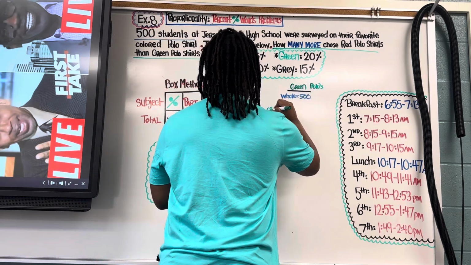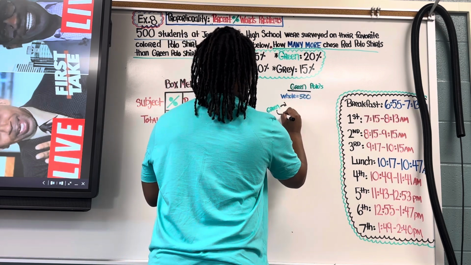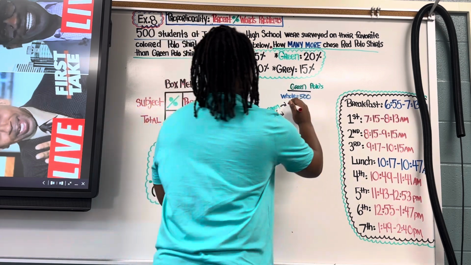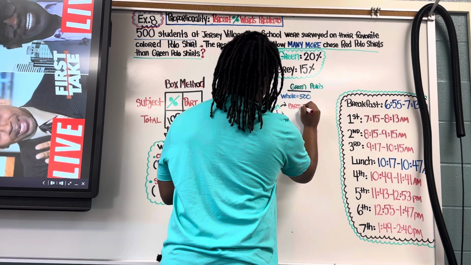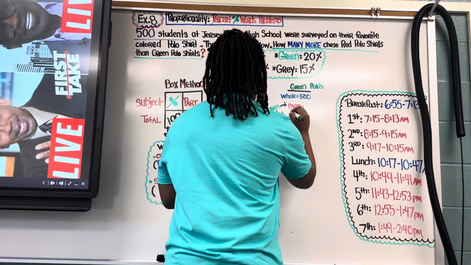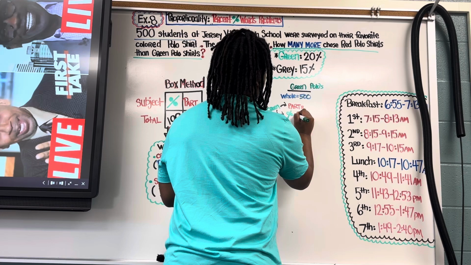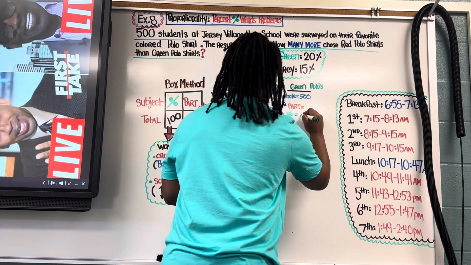So I'm gonna write green right here. I'm gonna have two arrows, an arrow right here and an arrow right there. And I have the part, which we don't know. We don't know the exact amount of students that chose green polos, but we know the percentage of students that chose green polos, right? And the percentage is 20%.